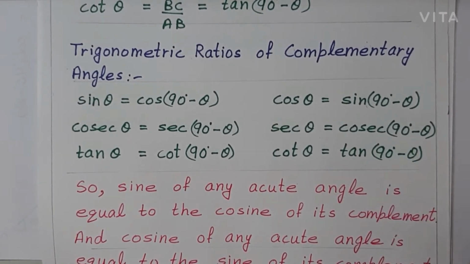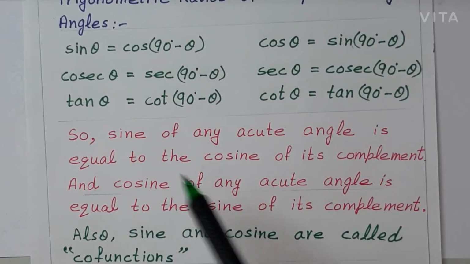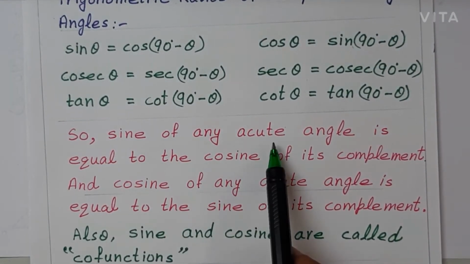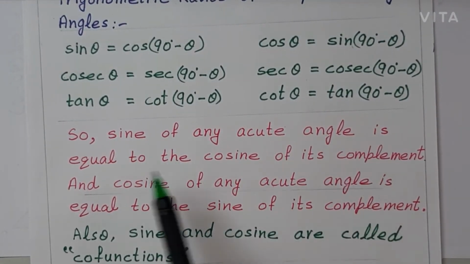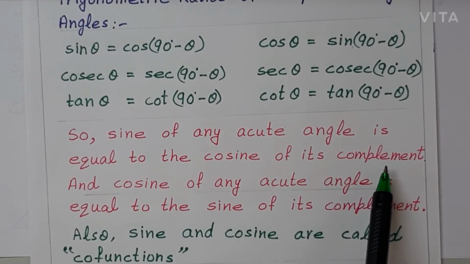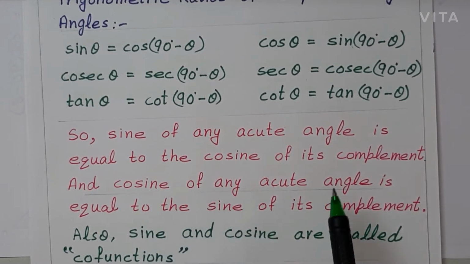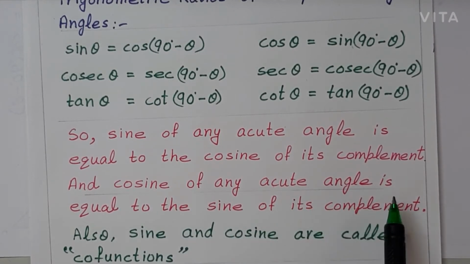Now students, we can conclude that sine of any acute angle is equal to the cosine of its complement, and similarly cosine of any acute angle is equal to the sine of its complement.